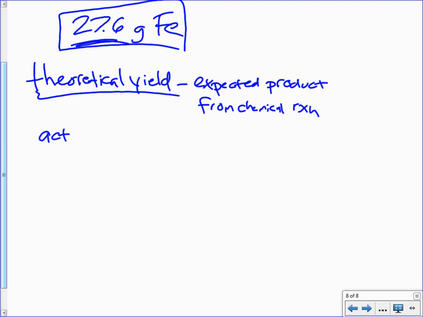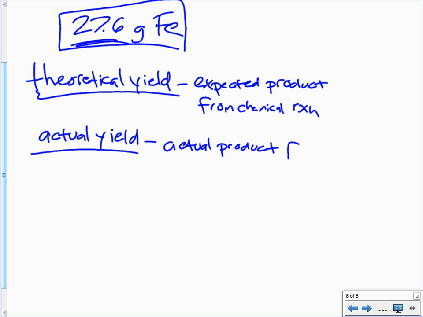We call this number the actual yield. Okay? The actual product obtained from a chemical reaction. So the theoretical yield is the expected amount of product. The actual yield is what you actually get.